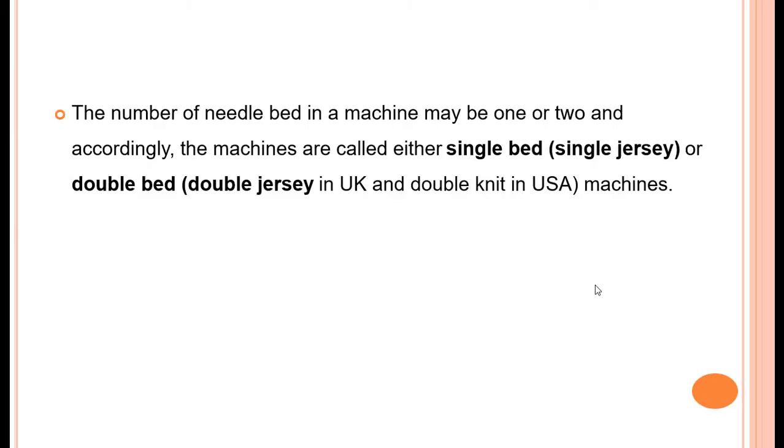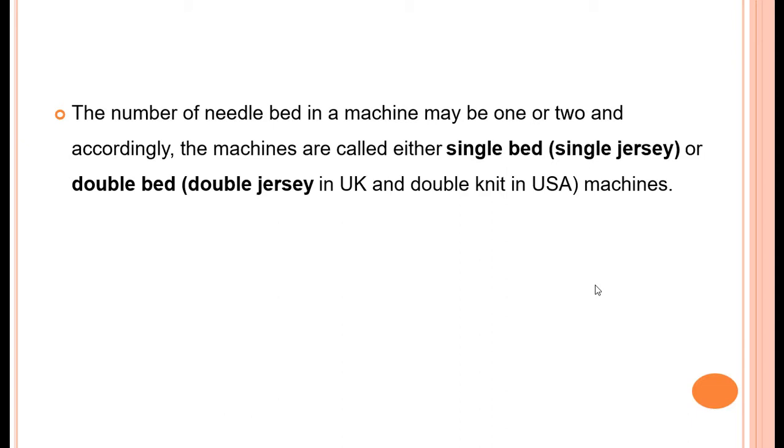One method is the needle bed we are using in the weft knitting machine. You can observe here that the number of needle beds in the machine may be one or two, and accordingly the machines are called either single bed or single jersey, or double bed, which is nothing but double jersey or double knit fabrics.